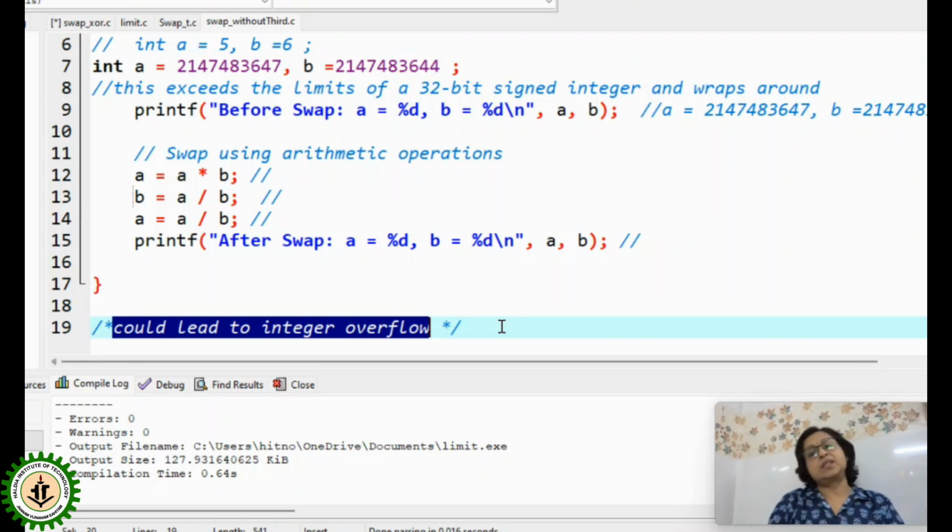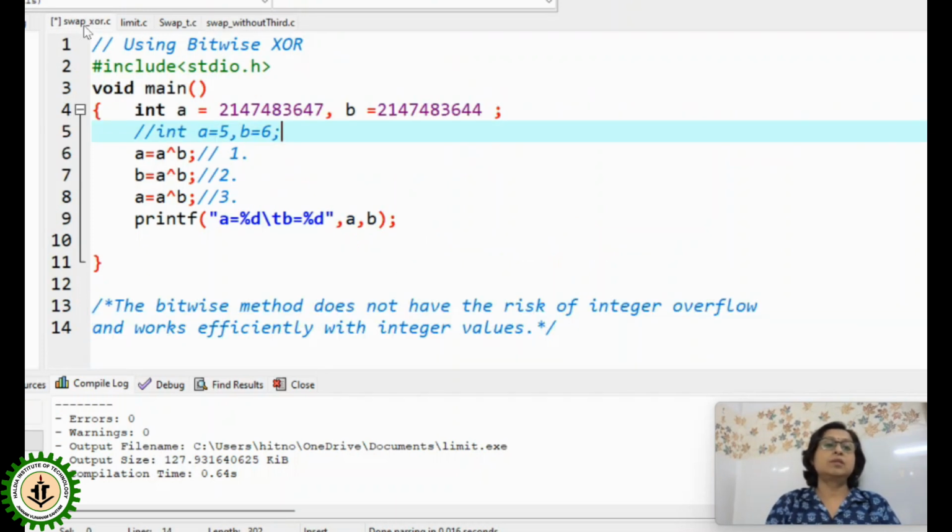So now let us come to the third way of swapping two numbers. Again, here we will not take a third variable. Still, we will do the task, and here we will overcome this integer overflow condition and successfully do the task.